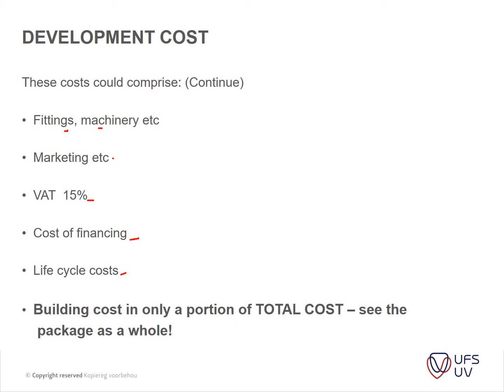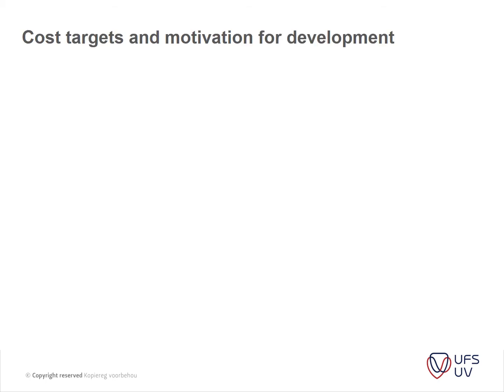So building cost is only a portion of the total cost. One will have to see the package as a whole whenever we're looking at a new development. That's very important to take note of.